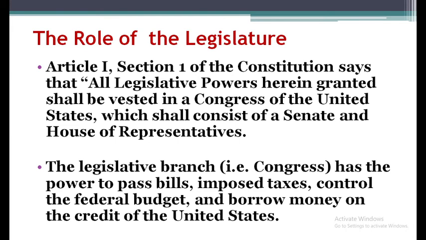Now let's see some of the role of the legislature, the executive, and the judiciary to prove that there is not only separation of power but also checks and balances.